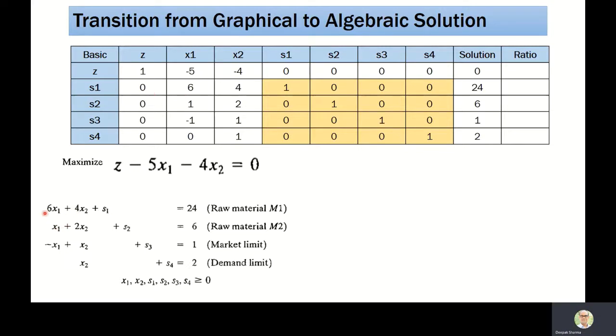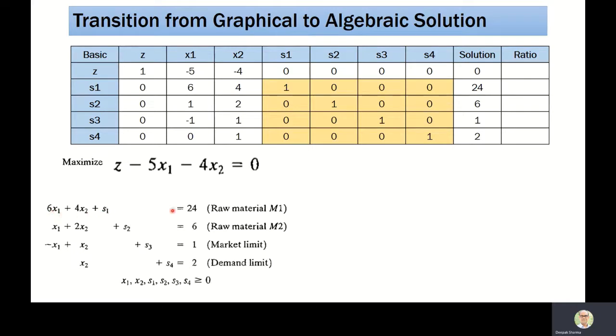Now let us take the first equation. We are taking s1 as a basic variable. I will discuss later how to decide the basic and non-basic variables. Let us assume that we are taking s1 as a basic variable. Now let us write the coefficients.